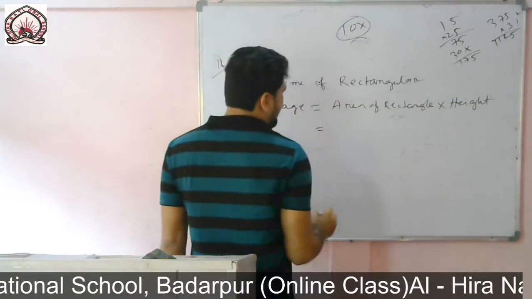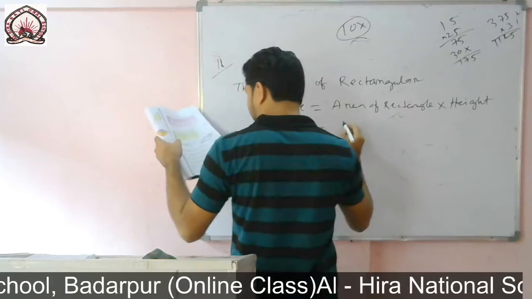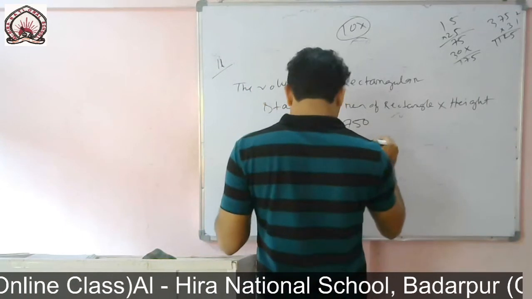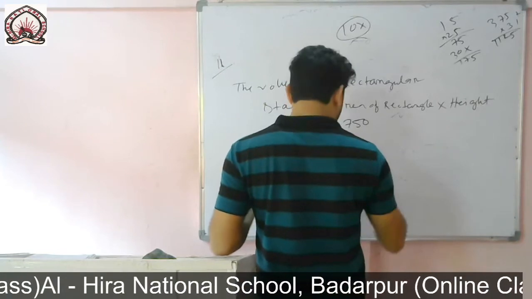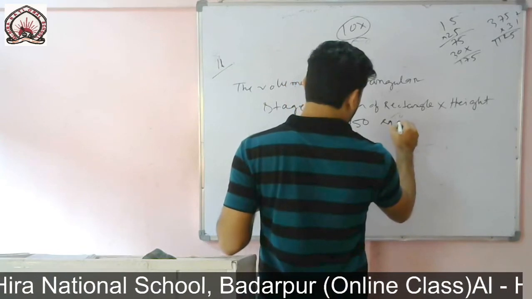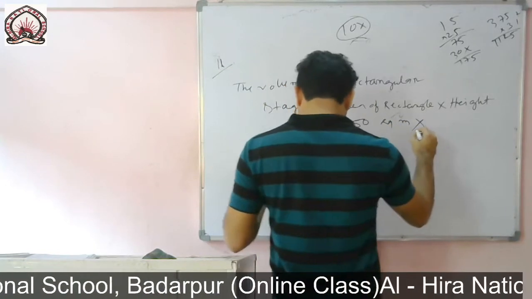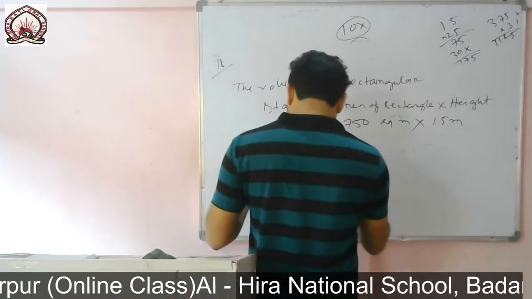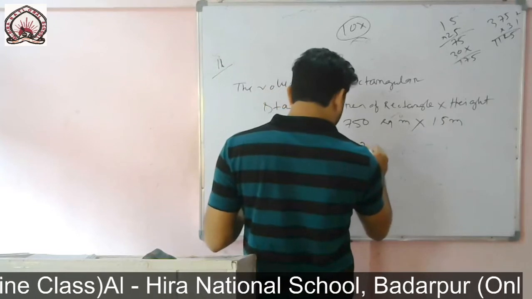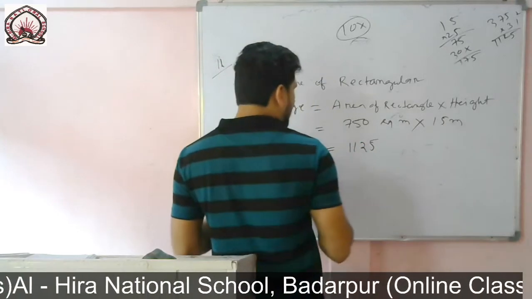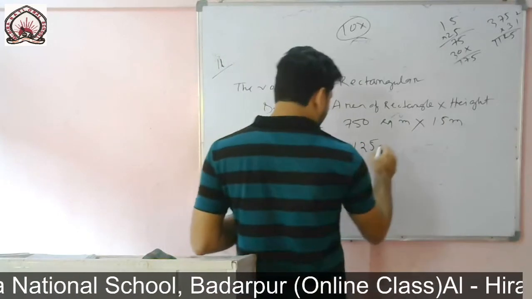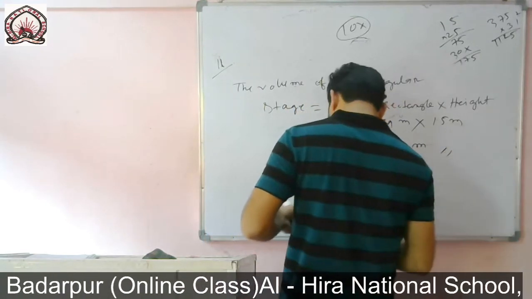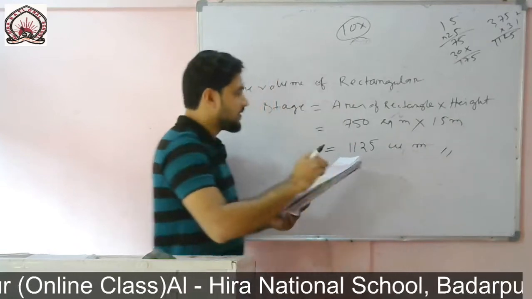So the area of the rectangle given is 750 square meter into 1.5 meter. If you multiply, then you will get 1125 cubic meter. Okay, so that is the answer.